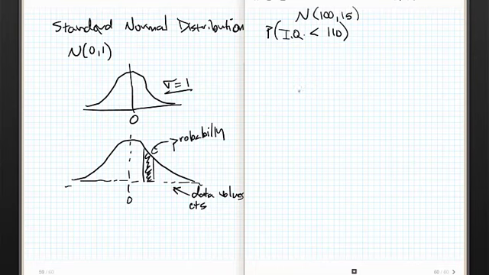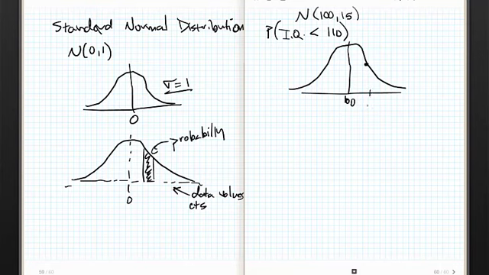It's got its own distribution. The mean in the middle is 100, and 115 is one standard deviation away, so 110 is going to live about here.